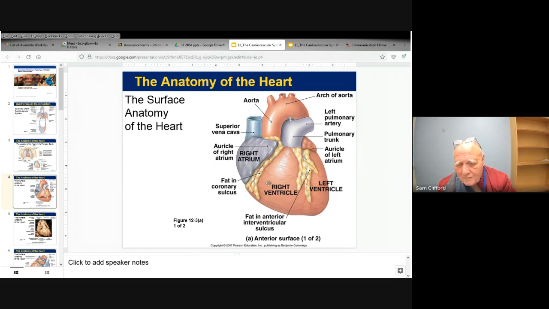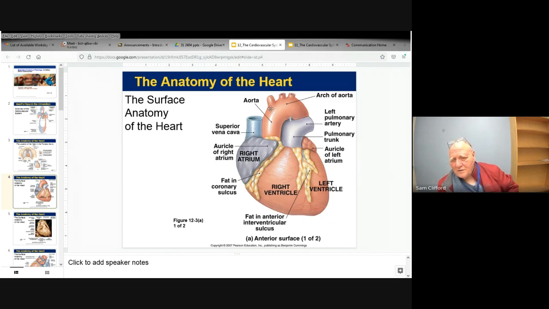The right ventricle receives blood from the right atrium and pumps blood into the pulmonary trunk and into the left and right pulmonary arteries. Blood returns to the heart through the pulmonary veins, goes into the left atrium, and is then pumped to the left ventricle. Then the pumping goes through the aorta and all over the body.